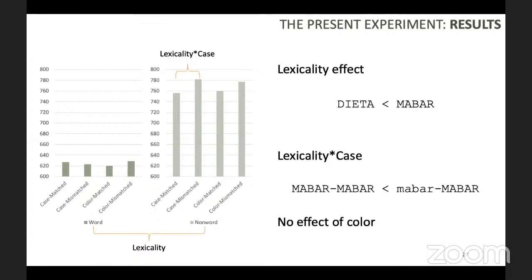This interaction reflected that for non-word targets, and only for non-word targets, responses were faster in the match case than in the mismatch case condition. Whereas for word targets, there were no signs of any effect. And critically, the other effects or interactions were not significant, so we did not find an effect of color.